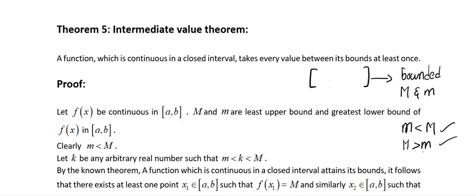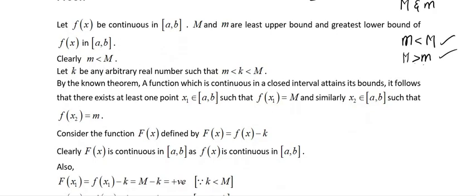See the proof. Let f of x be continuous in closed interval a comma b. I already explained, then f of x is bounded. Bounded means f of x is both bounded above and bounded below. So, the least upper bound exists, the greatest lower bound also exists.